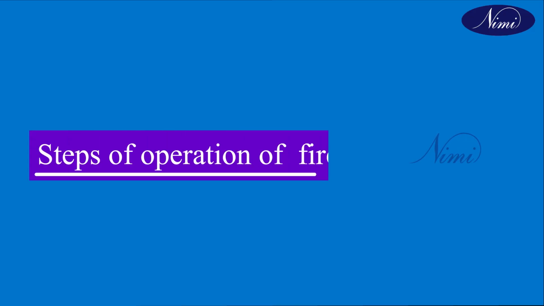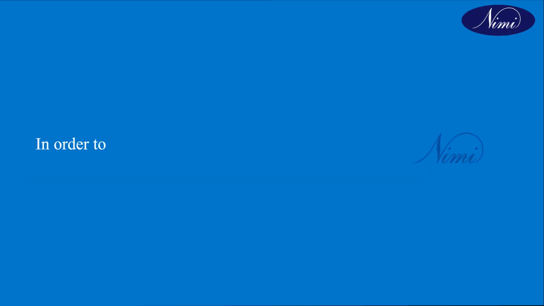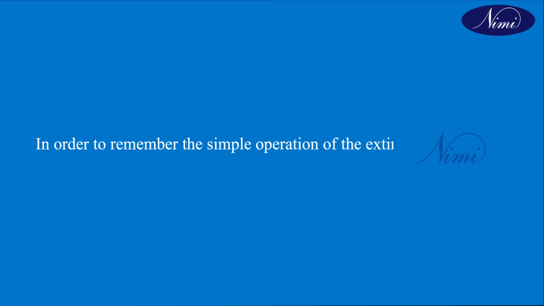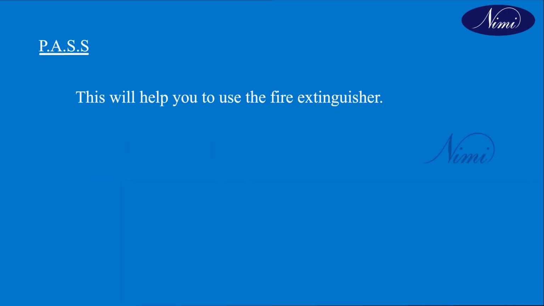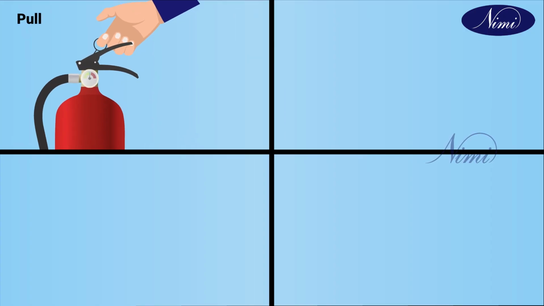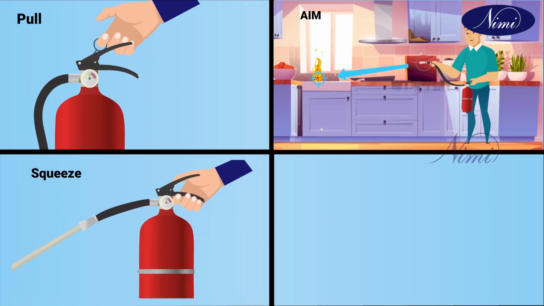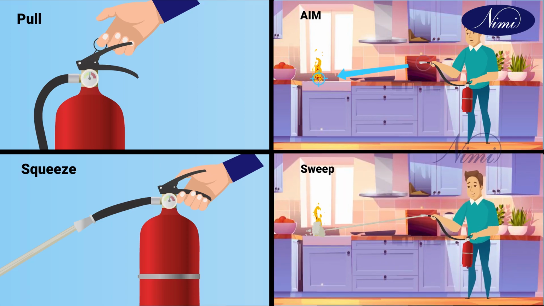Steps of operation of the fire extinguisher. In order to remember the simple operation of the extinguisher, there is a trick word available. Remember PASS, P-A-S-S. This will help you to use the fire extinguisher. P for pull, A for aim, S for squeeze and S for sweep.